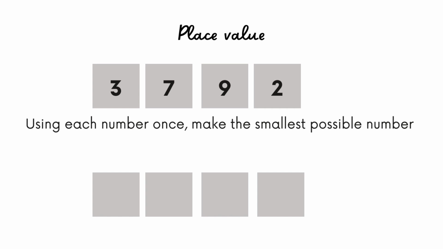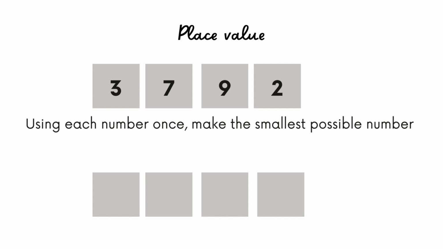So let's take a look at some typical exam questions. We have a set of numbers 3, 7, 9, 2. Using each number once, make the smallest possible number. To get the smallest possible number, we have to arrange the numbers from the smallest to the largest.